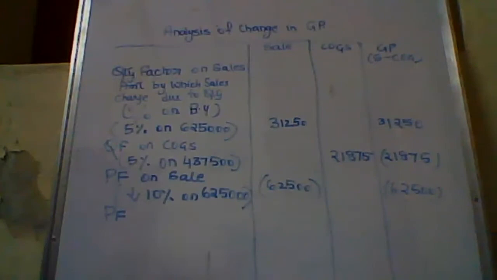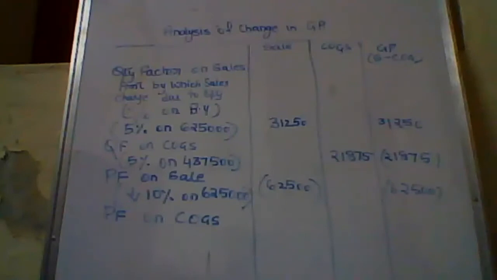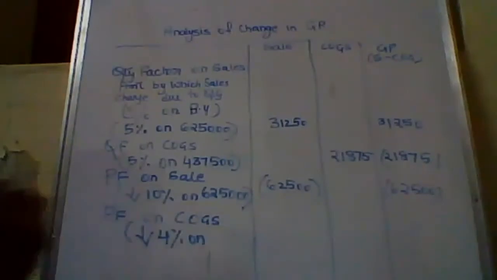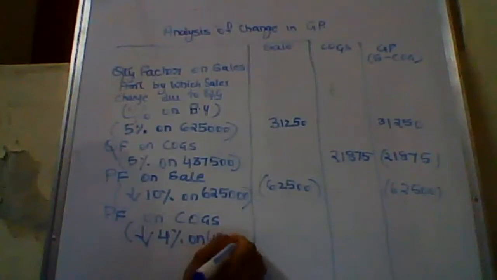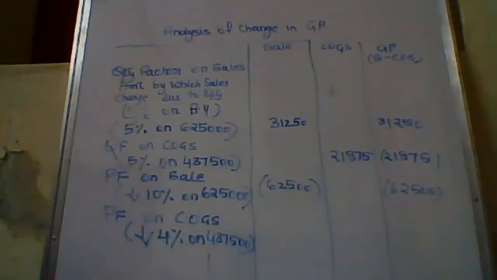ठीक है. Now price factor, what I am doing is on cost of goods sold. On cost of goods sold, we have seen how much is the decrease in the cost price. 4%. 4% on 4,37,500, कितना आ रहा? 17,500.